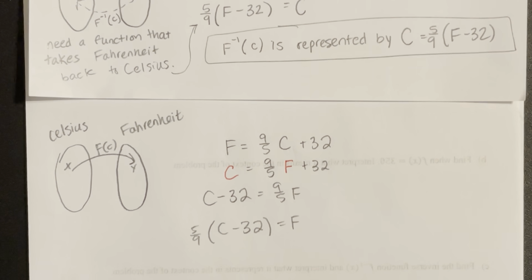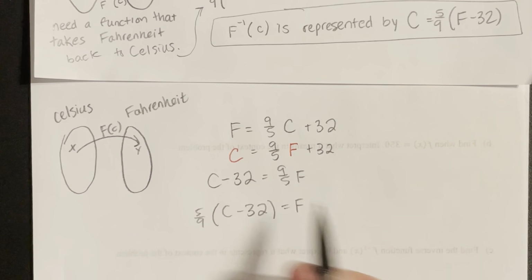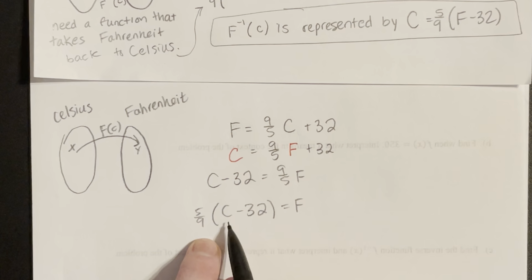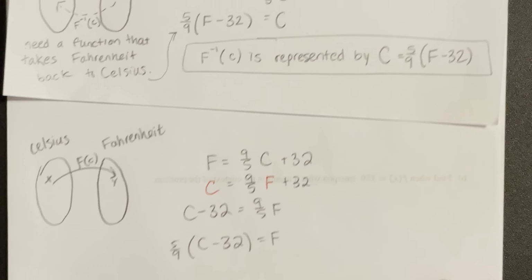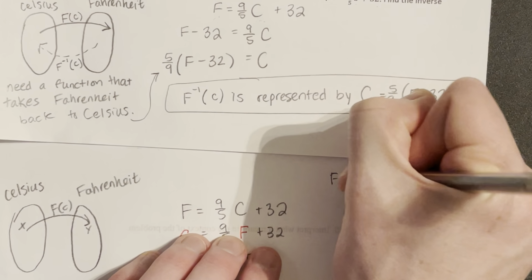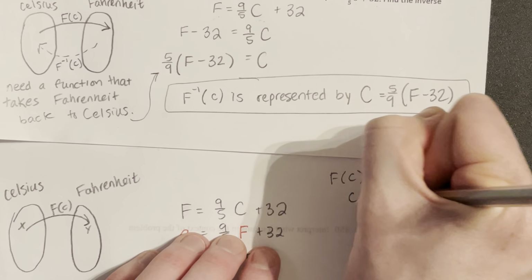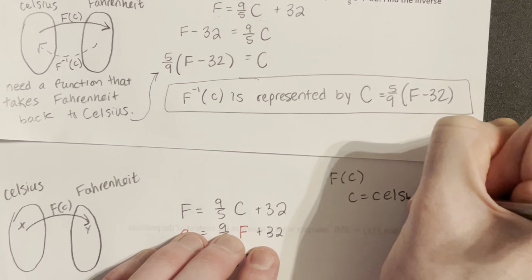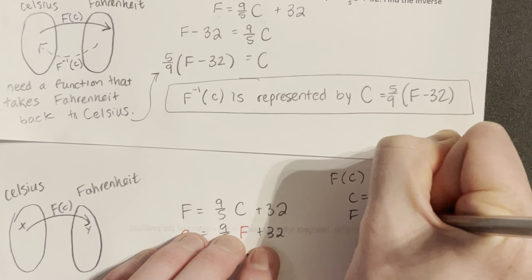Okay, so if we went this way, we swapped our x's and y's, meaning you swapped the meaning of these things. Okay, so earlier in the original function, we could say f of c told us that c represented Celsius and f represented Fahrenheit.